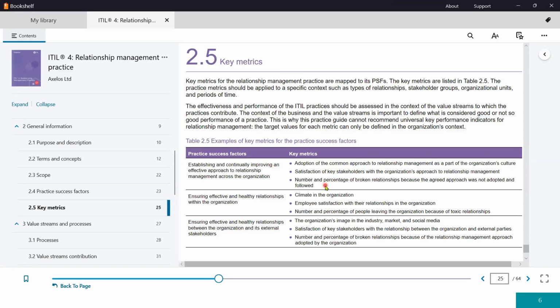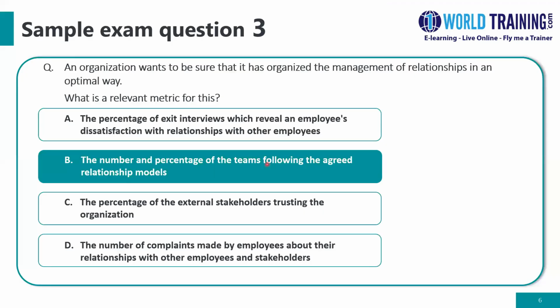And the third one, broken relationships because the agreed approach was not adopted. Therefore, if I go back to the question, the following the agreed models, and therefore that is connected with the adoption of the approach. Yeah? So therefore, that would be correct.